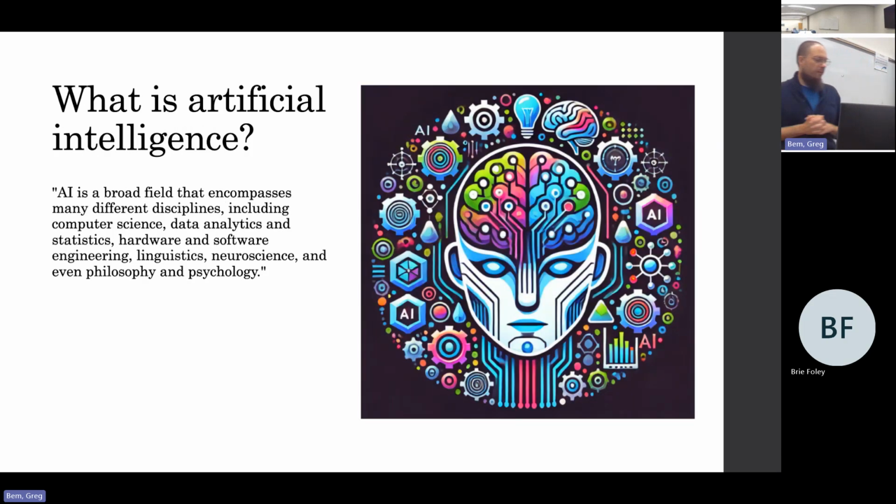When we look at artificial intelligence, we can look directly at the technology, but we can also look at the ideas behind the technology. According to Google, AI is a broad field that encompasses many different disciplines, including computer science, data analytics and statistics, hardware and software engineering, linguistics, neuroscience, and even philosophy and psychology.